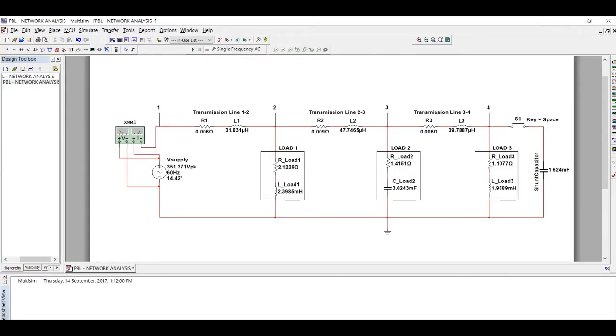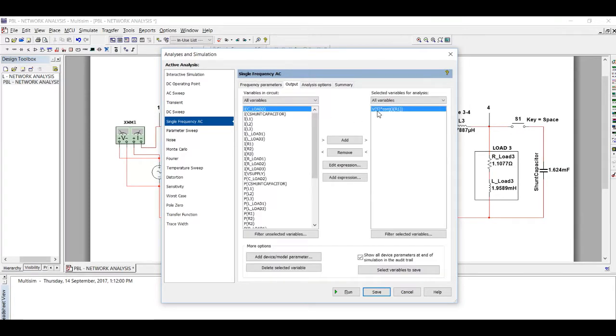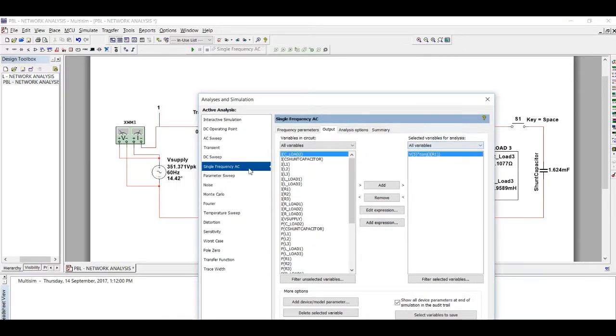Measuring total real and reactive power, total apparent power, and power factor of the system before power factor correction. To measure the total real and reactive power, we use single frequency AC analysis. So the complex number format we set to real and imaginary, the frequency is 60 Hz, and at the output we use this expression, which is V5 times conjugate IR1.